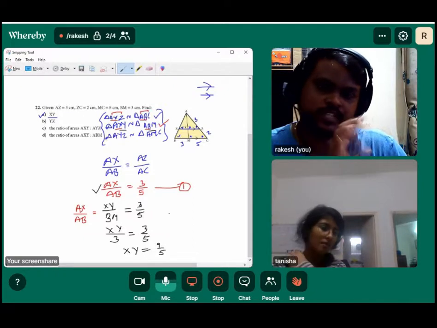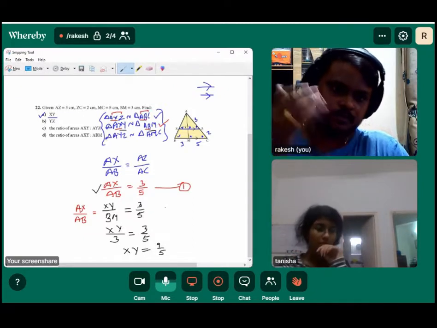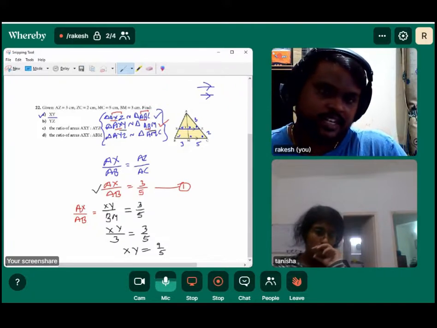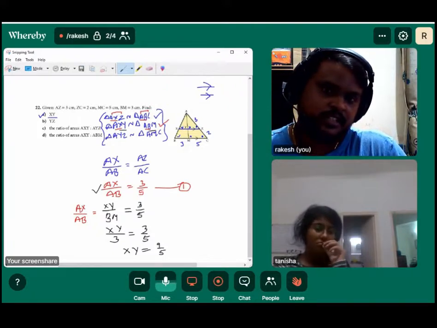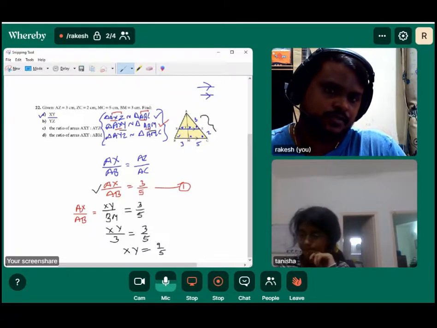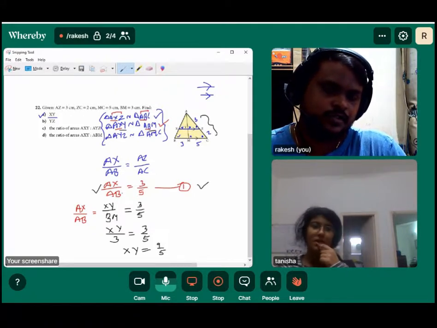Understand the sequence of this problem. We have asked for XY, which is a side of this small triangle. So I chose the big triangle AXZ, which is similar to ABC. Because we know these dimensions, we could write the ratio AX upon AB.